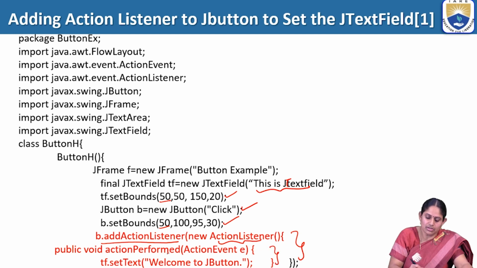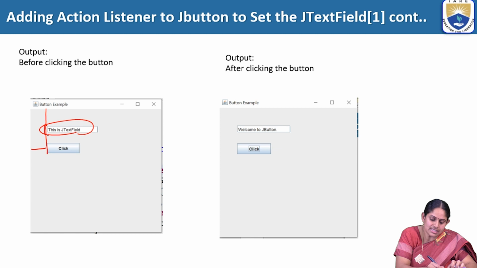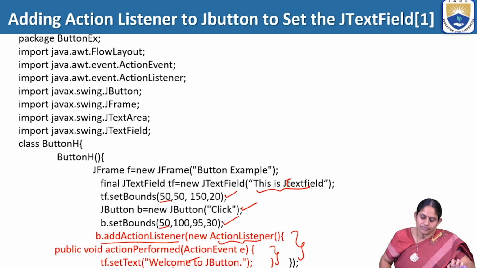What is that work? When that event occurs, it has to set the text to "welcome to JButton". So when we click on this button, the text in this text field is rewritten to "welcome to JButton".